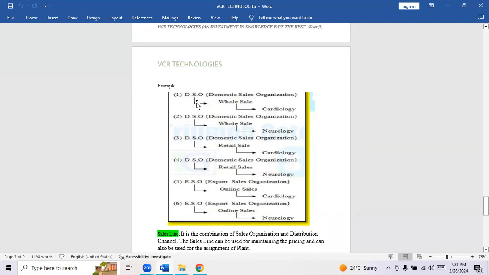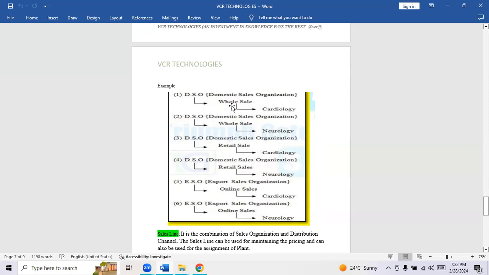The domestic sales organization and export sales organization are two distribution channels. In this example, these two distribution channels have divisions. Suppose the domestic sales organization has two divisions here, cardiology and neurology.